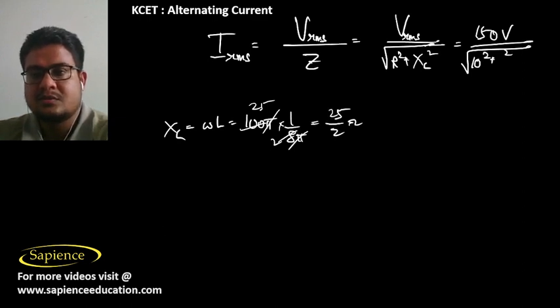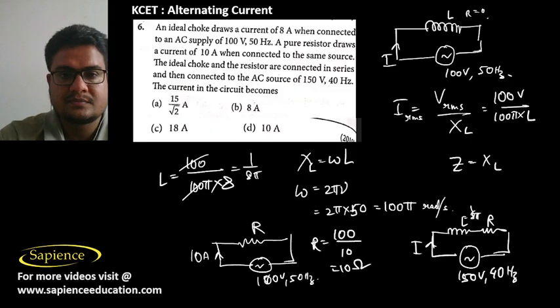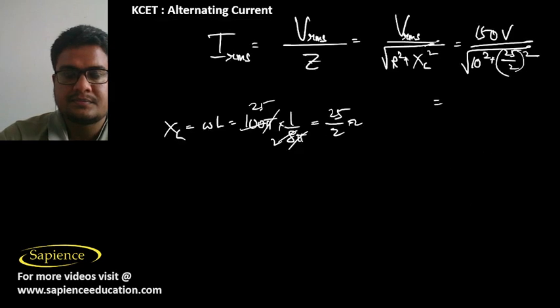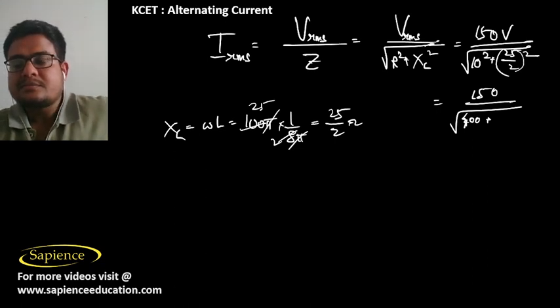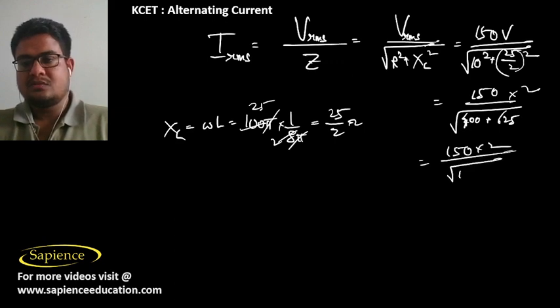So IRMS will come as 150 divided by the square root of 100 plus 625 by 4, that is 150 into 2 by square root of 1025.